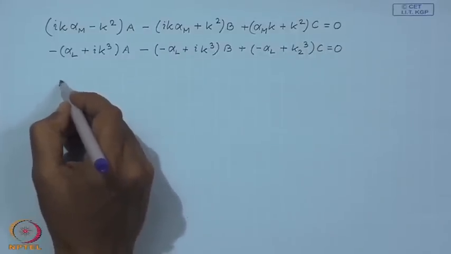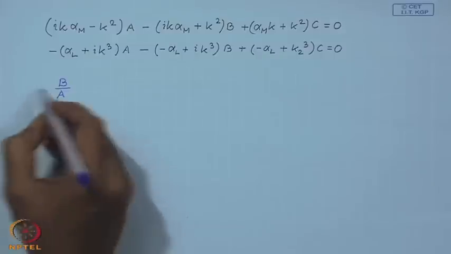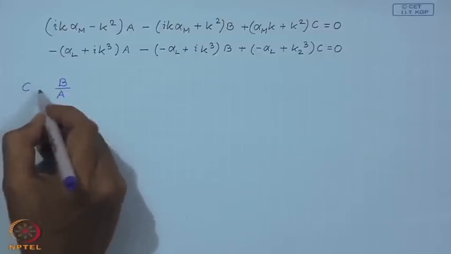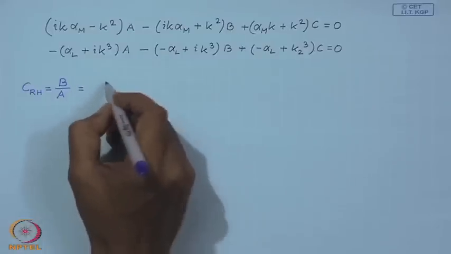B over A, which we will call the coefficient of reflection for the harmonic wave, is obtained as this.